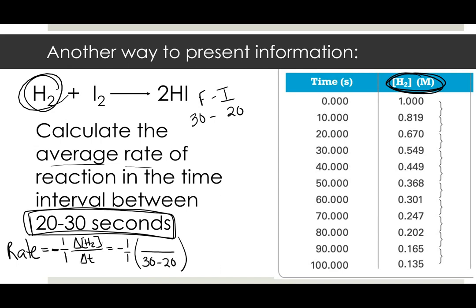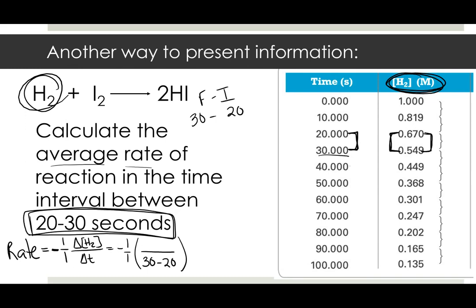Okay. Now we're going to look at the concentration during that time. So if we're looking at this 20 to 30 second window, that means the concentrations are these two guys right here. Okay, so again, we're going to do final minus initial.